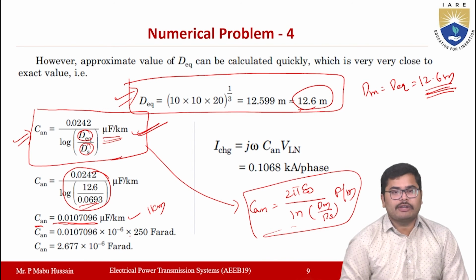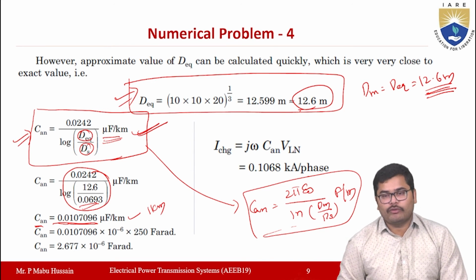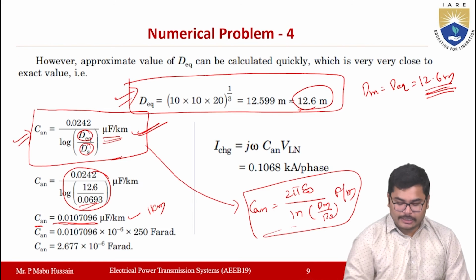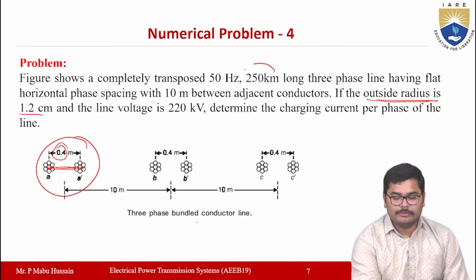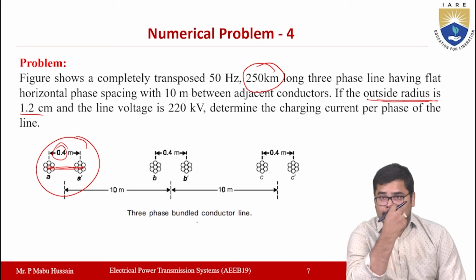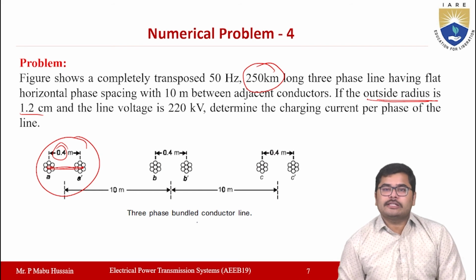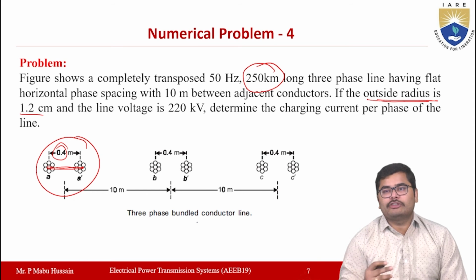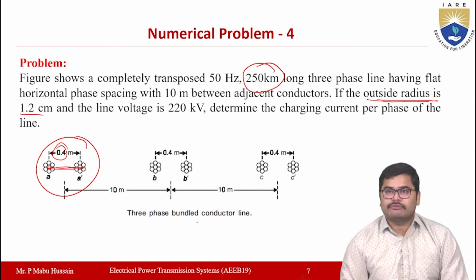But the transmission line here, if you observe in the problem, is 250 kilometers in length. Now you got the capacitance for 1 kilometer. If you multiply with 250, you will get the capacitance for the 250 kilometer length transmission line.